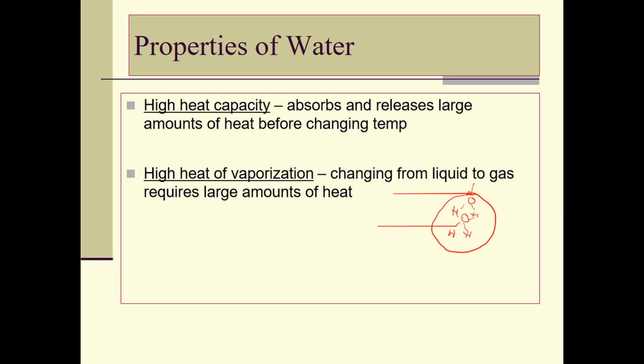So this water molecule that's at the surface needs more energy to stay where it is. So because of that, when we go from a liquid to a gas, it's always going to be the surface molecule that goes first. And because of this hydrogen bond, it's going to take more energy for this water molecule right here to leave this liquid and enter a gas form.